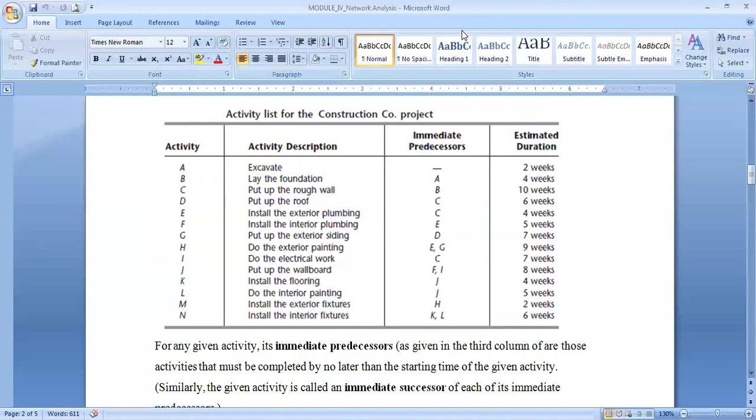The immediate predecessors, that is the interdependency of the activities, and the corresponding duration for each activity is given. Based on this, in the examination also, information of this kind is given to you.